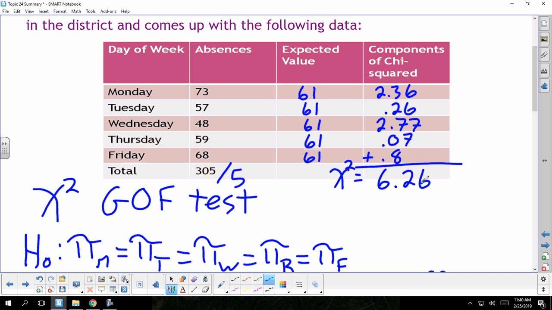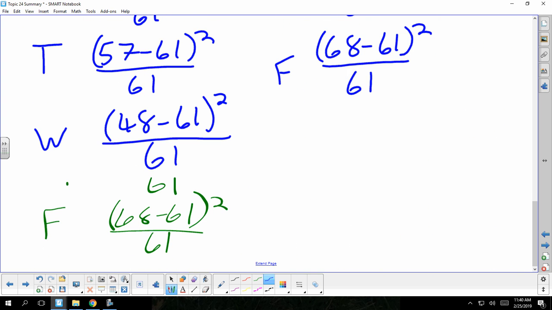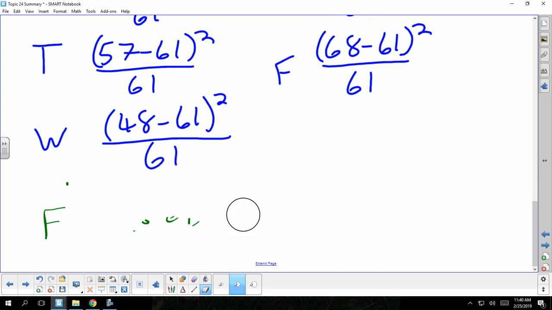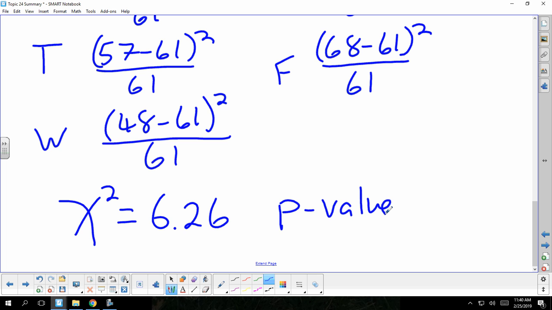The next thing I want to do is find my p-value. So my chi-squared is 6.26. Now for my p-value, I can use a table, the chi-squared table in the back of our book.